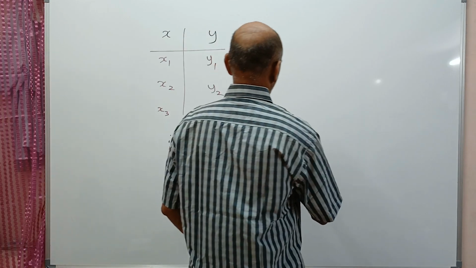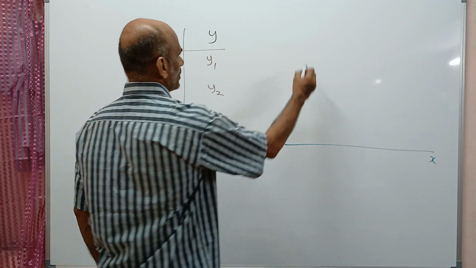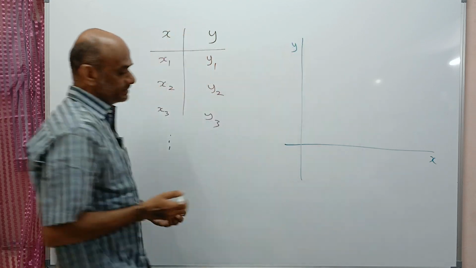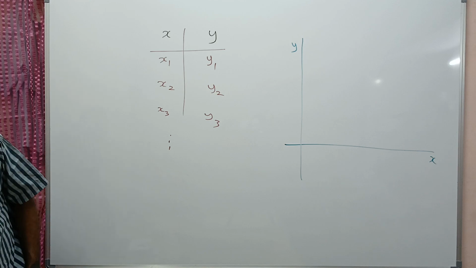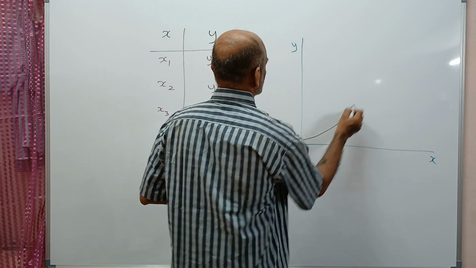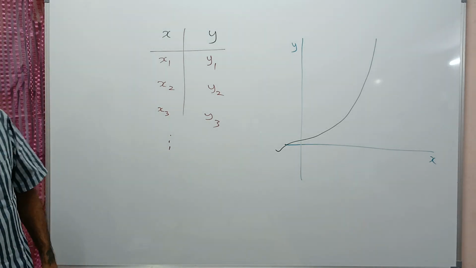suppose we plot on the horizontal axis value of x, on the vertical axis value of y, and there is a curve like this which describes the relationship between these two variables.